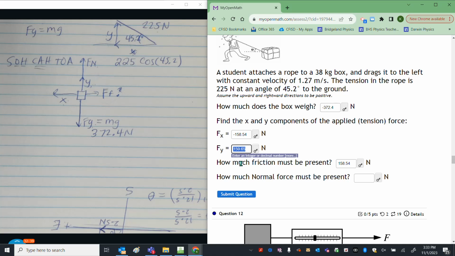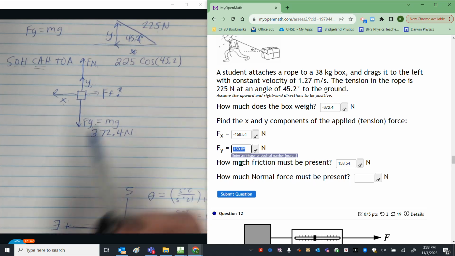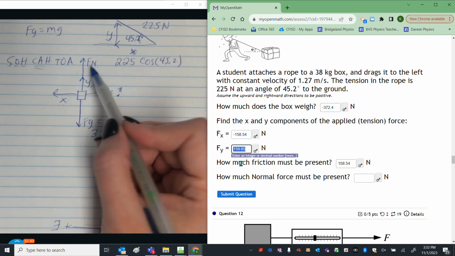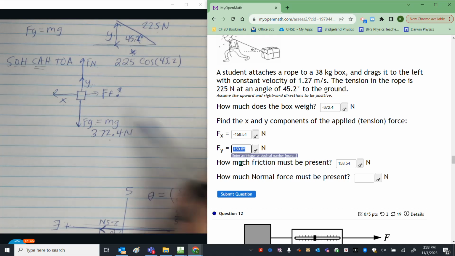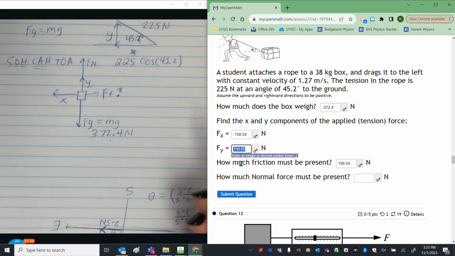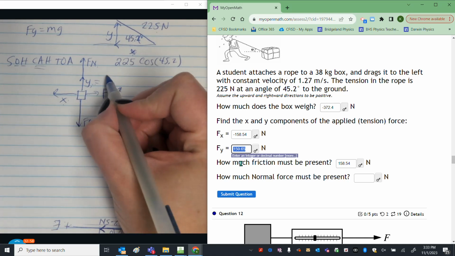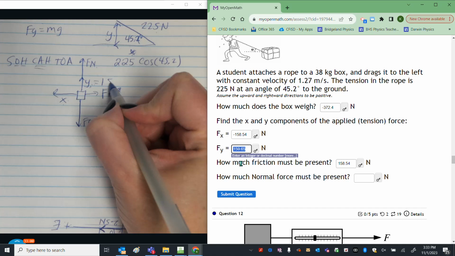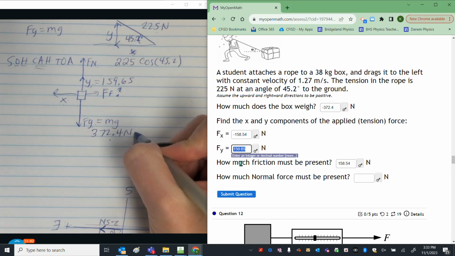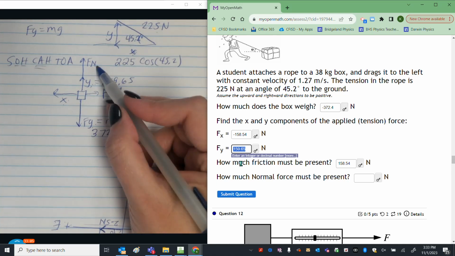What I know about these forces vertically is that they need to be balanced. Fn plus y needs to equal 372.4 newtons, because if they don't, then my box is no longer moving along the floor. It's going to be accelerating up or down. Because I know y, 159.65, I can figure out how much Fn is, since these two together need to be 372.4.